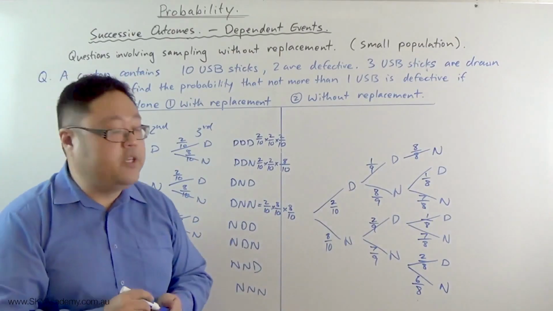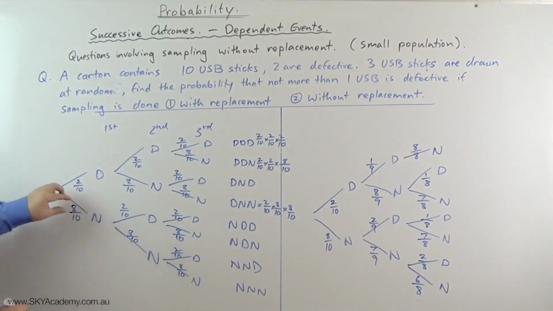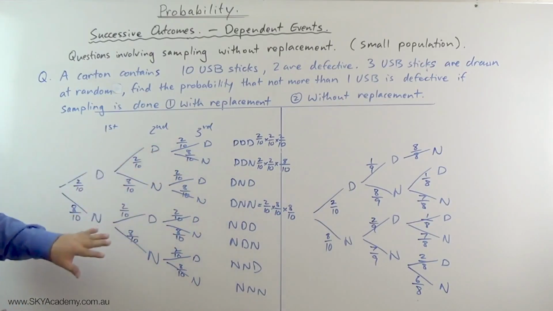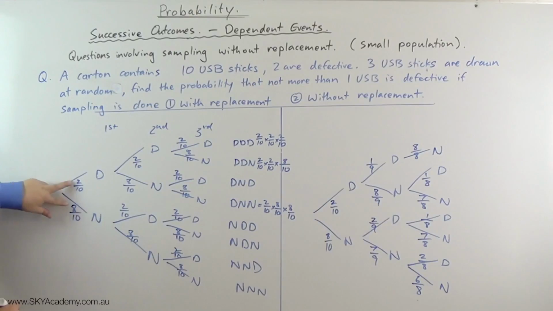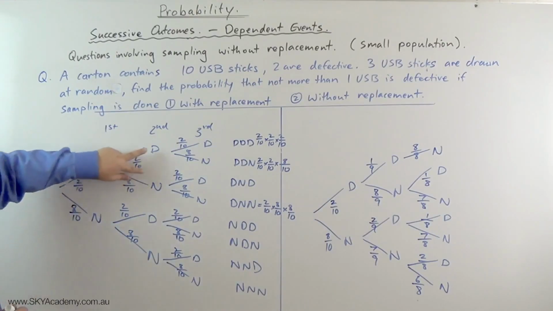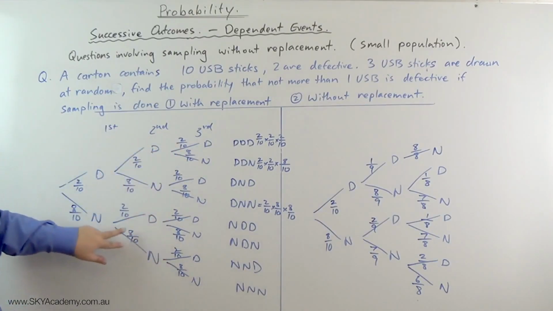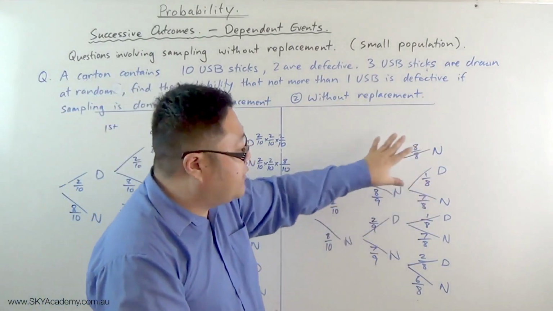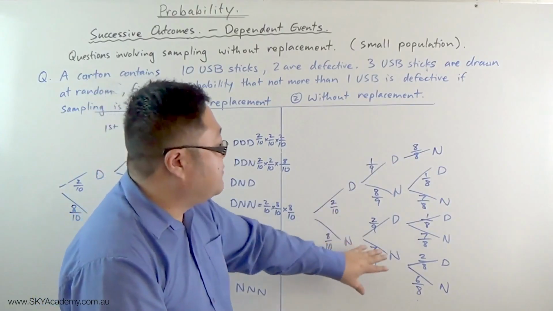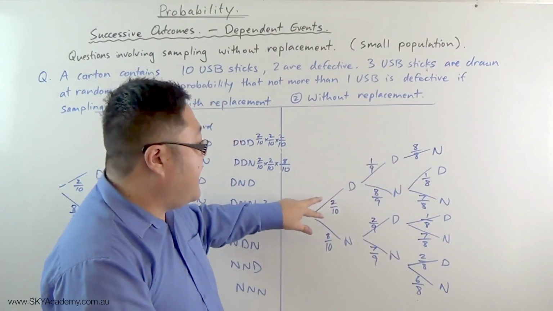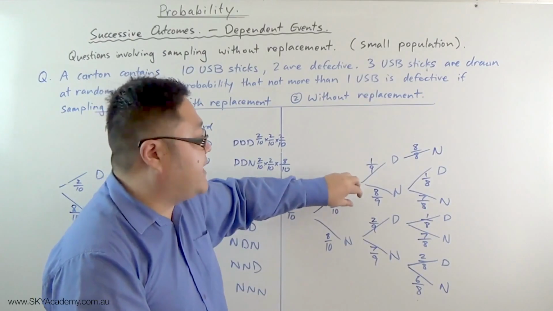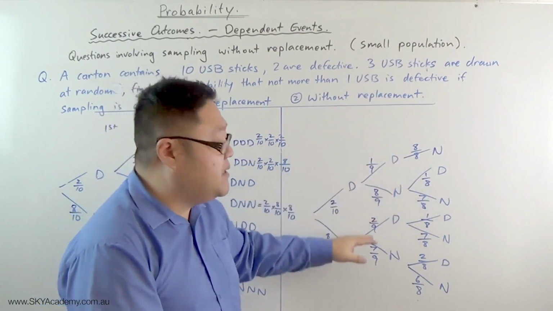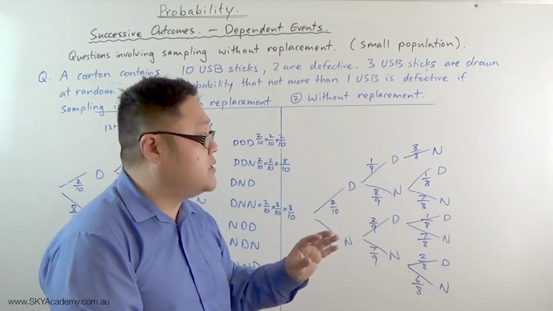So notice, I just want you to notice that the probabilities aren't going to be as rigid as they were when we did the replacing. See, it was 2 out of 10, 8 out of 10 all the way through, right? With the sampling without replacement, when you're not replacing things, every time you pick something, it's going to affect the probabilities of the next choice. Yeah? So you need to be super careful with these sort of questions, right?